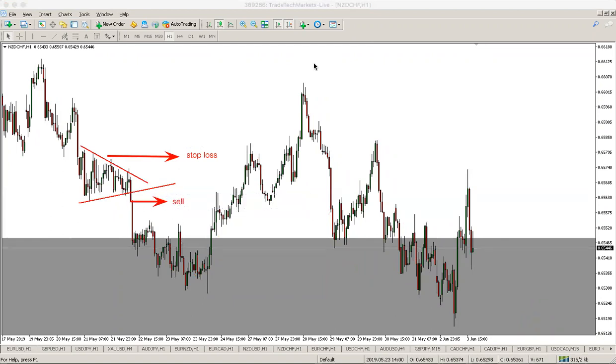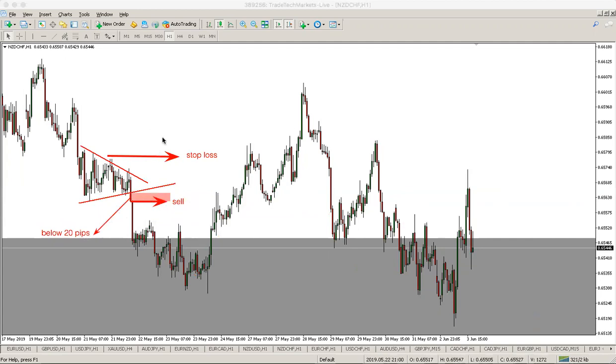After a break, you wait for that break here, but make sure that this is below 20 pips. That is below 20 pips.